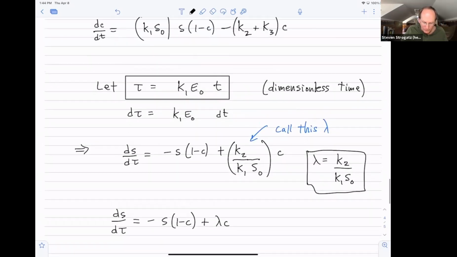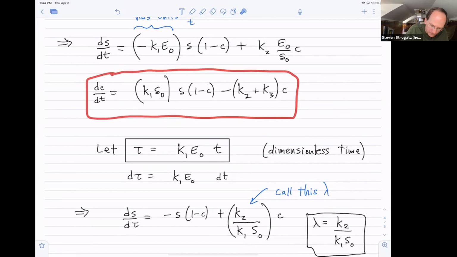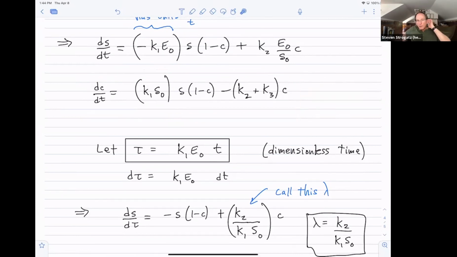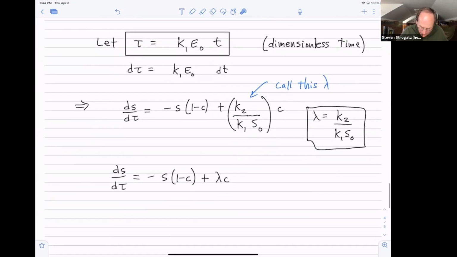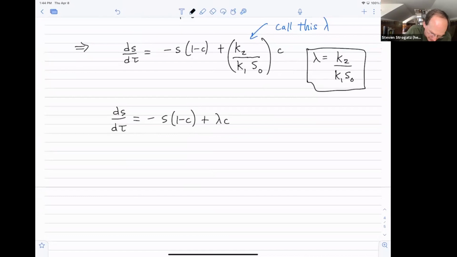Meanwhile, I still haven't rewritten the other equation, the dc dt equation. Same thing, we substitute in for time in terms of tau, and skipping some steps, here's what you would get. If you do the algebra, you get dc by d tau, a prefactor of 1 over epsilon, which should not surprise us. We made the time scale in the first equation 1, so this next time scale should be off by a factor of epsilon, and it is.